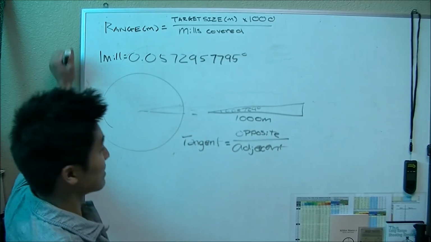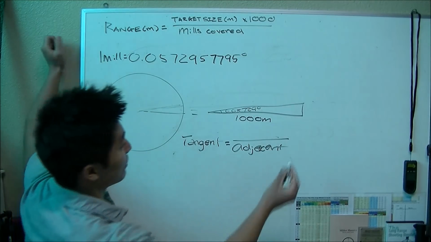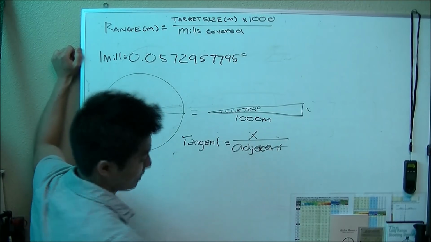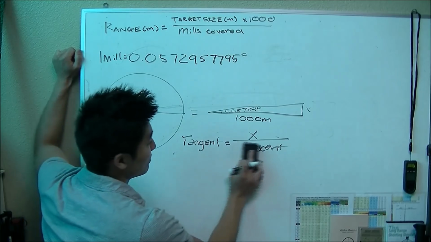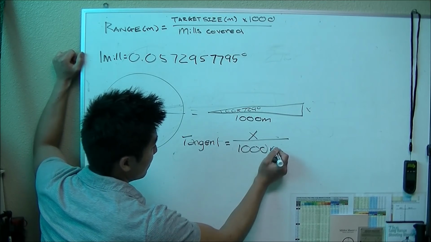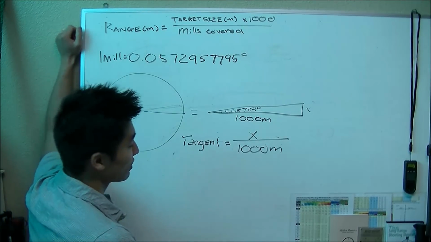So in this case, the opposite is going to be a value of, let's say, x, because we don't know what it is, and the adjacent is going to be 1,000 meters.